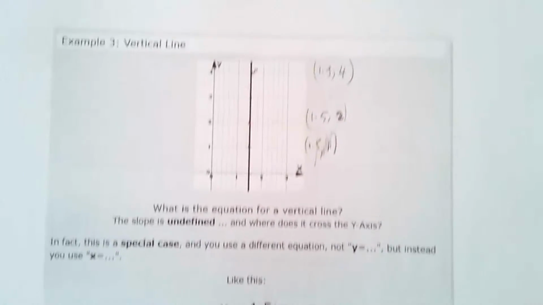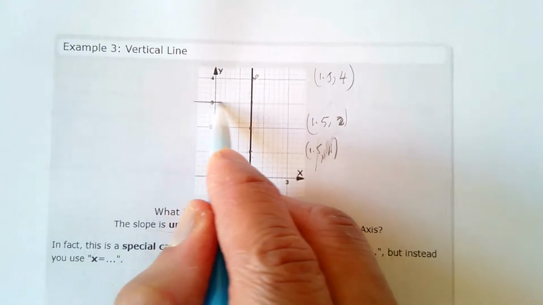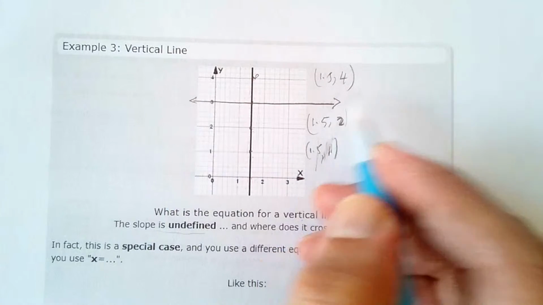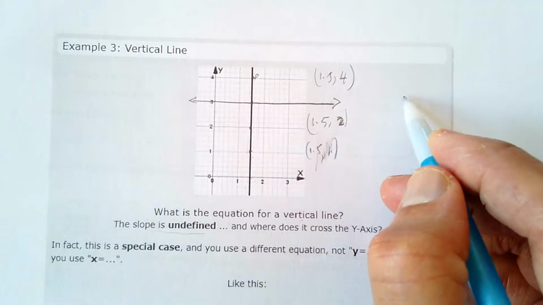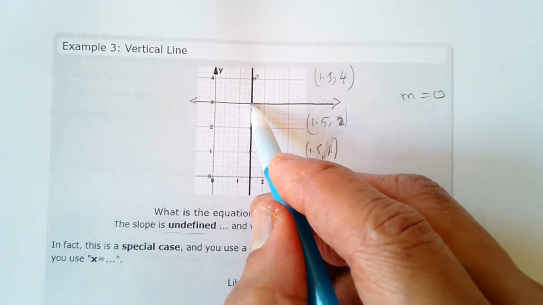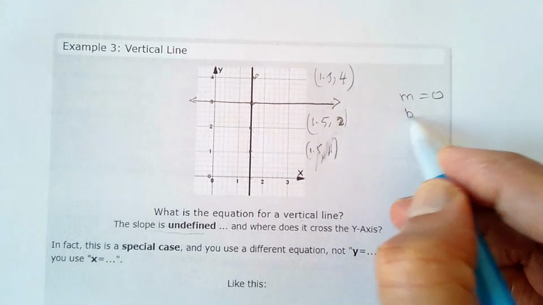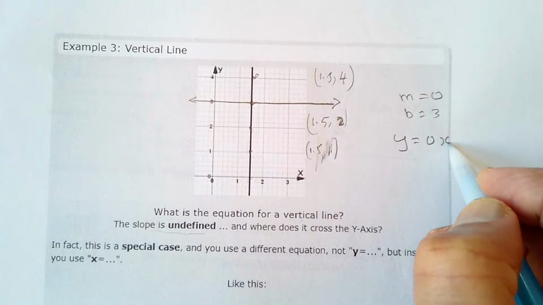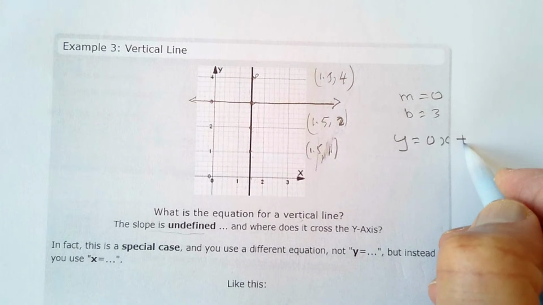On the other hand, if you have a horizontal line, this is my line here, my slope here is 0, so m is equal to 0. What's my y-intercept? My y-intercept here is 3, so b is equal to 3. So I can write as y is equal to 0x plus 3.